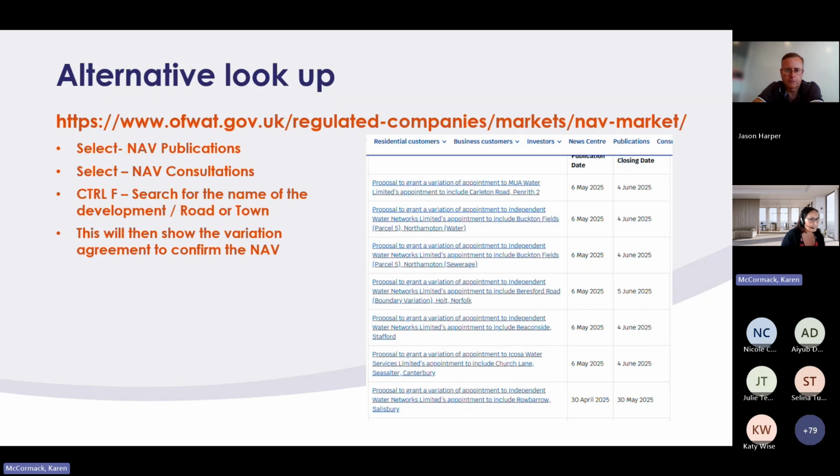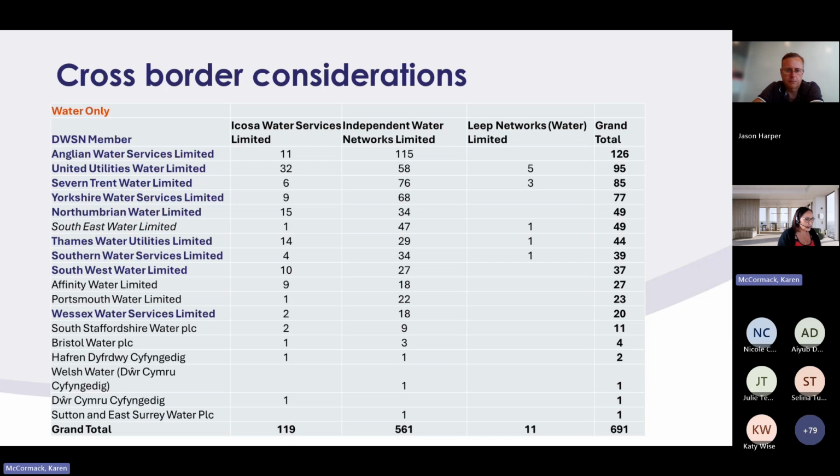Okay, so finally, I just wanted to talk about some of the cross-border considerations. Here I'm trying to show just how many water-only sites we have within the member areas. Currently there are 691 sites across England where the NAV is supplying the services for water only.